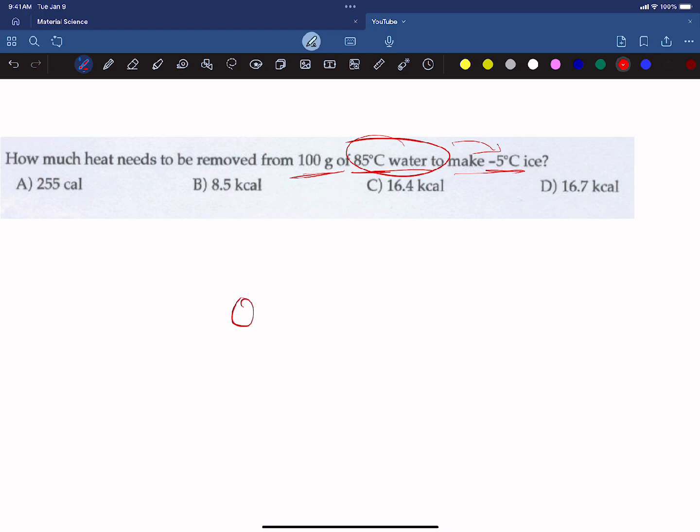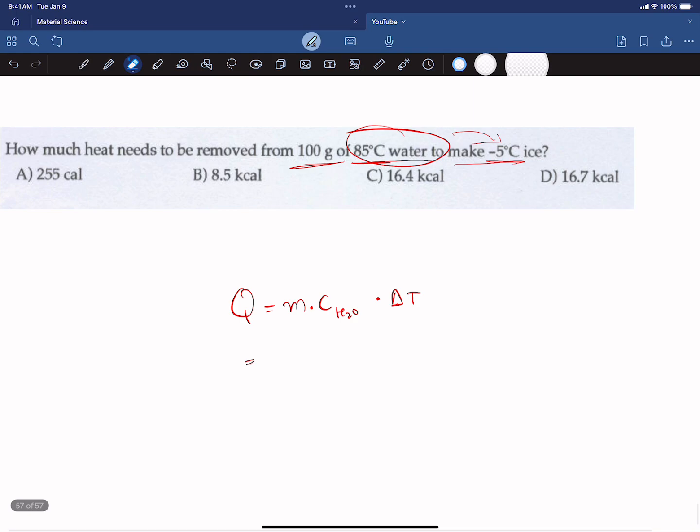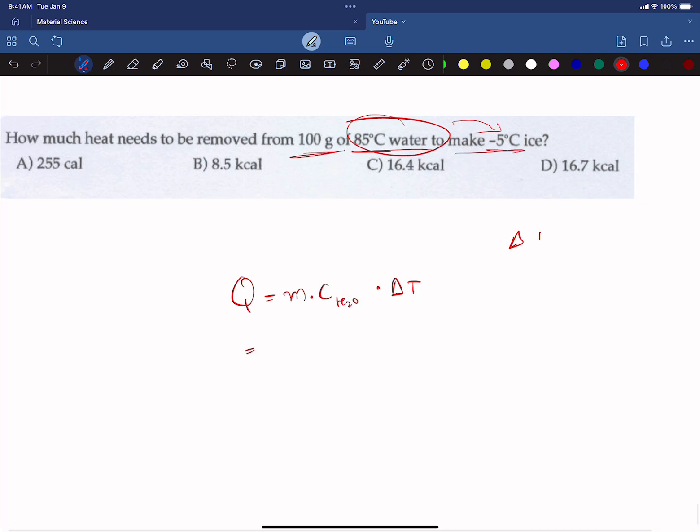So for that we'll use the equation of the heat loss: mass times specific heat of water times change in temperature. Change in temperature is always final minus initial. So delta T is equal to 85 minus 0, which is 85 degrees Celsius.